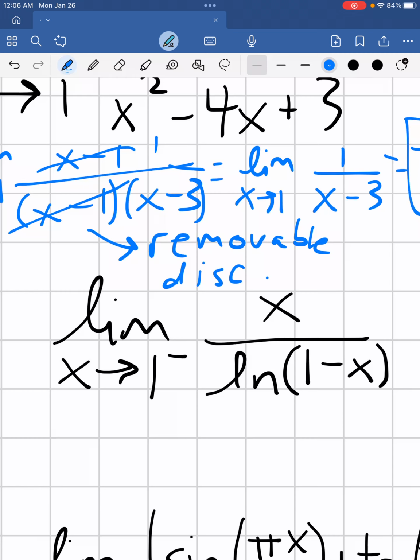And remember, if the inside of the log is getting closer to 0, that means the log all around is getting a value that's more and more negative.